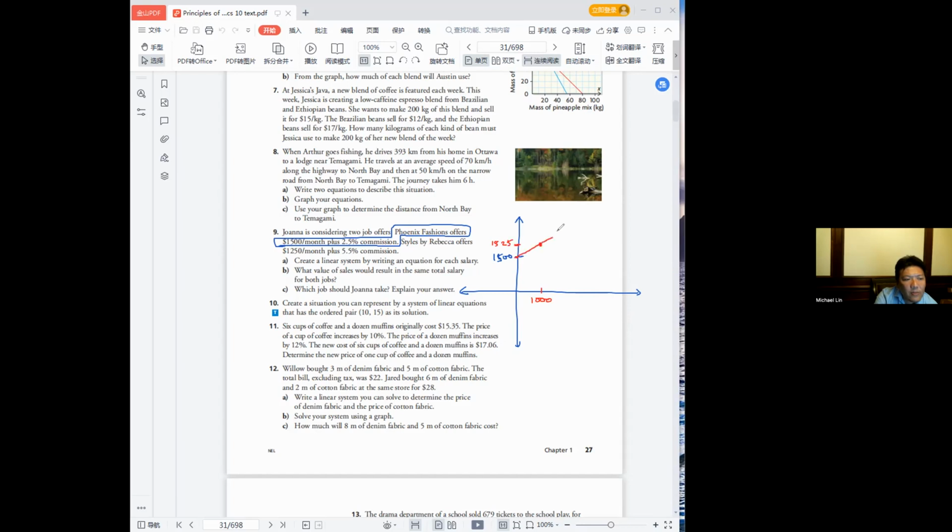Similarly, if he sold $2,000 worth of items, his workplace is going to give him an extra $50. It's going to be at $1,550. Does that make sense? So now my question is, what is the equation of this line?